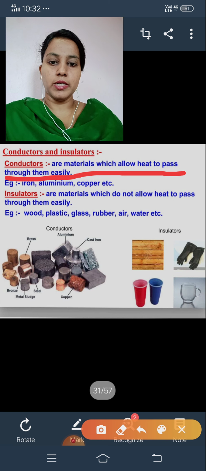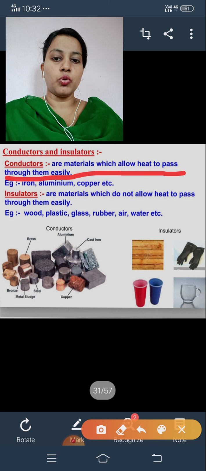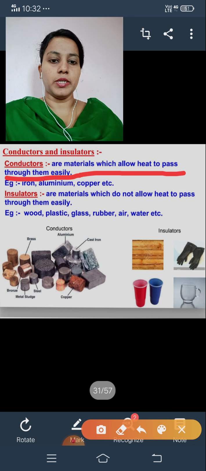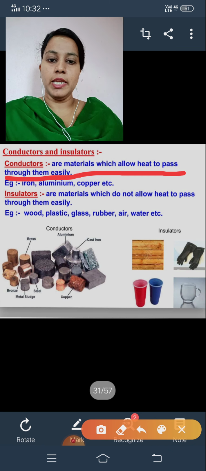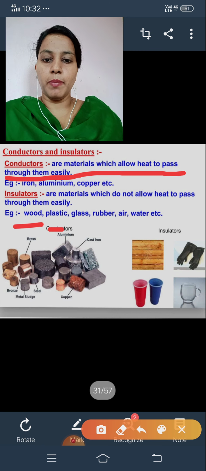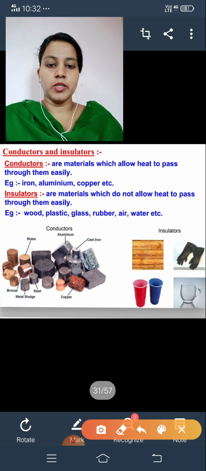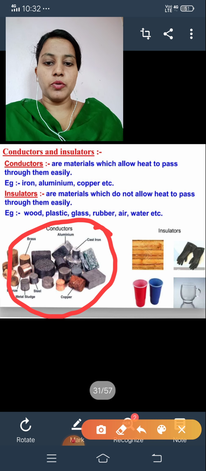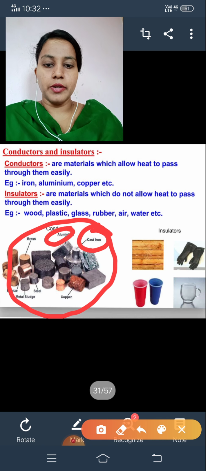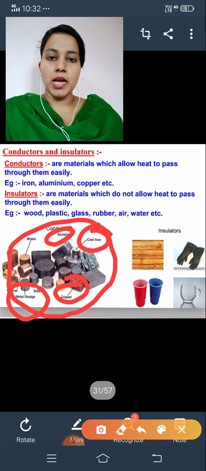What do you mean by insulators? Materials which do not allow heat to pass through them easily are known as insulators. Conductors mean heat can pass. Insulators mean heat cannot pass. Examples of insulators are wood, plastic, glass, rubber, air. Aluminium, iron, copper and metals are examples of conductors because they can pass heat.